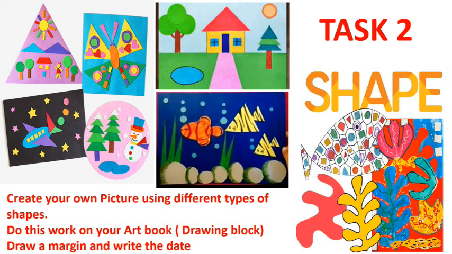Create your own picture using different types of shapes. Do this work in your art book, your drawing book. Don't forget to draw a margin and write the date. You have to create any picture using different types of shapes. After completing your work, take a photo and send it to your class teacher through Viber.